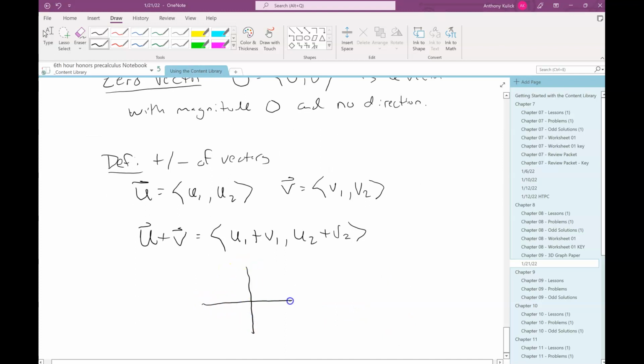Geometrically, what does that look like? If I have the vector u, then I have the vector v.